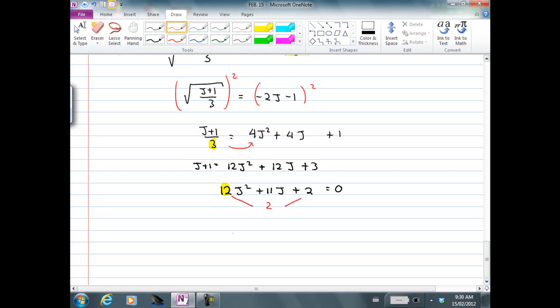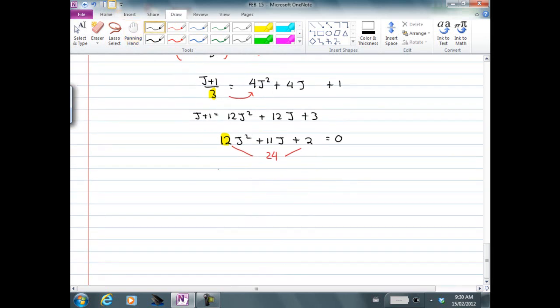So, what are my two numbers that multiply together give you 24, add together give you 11? 8 and 3 is correct. So I go x plus 8, x plus 3. What did I do next?